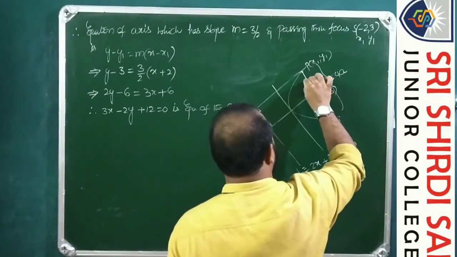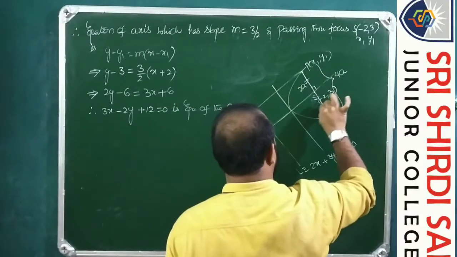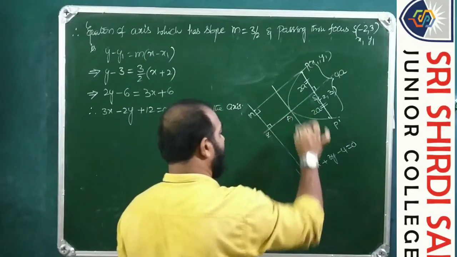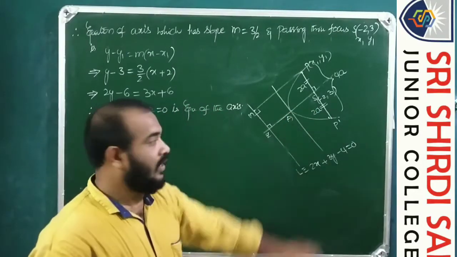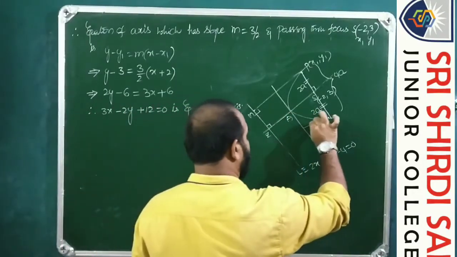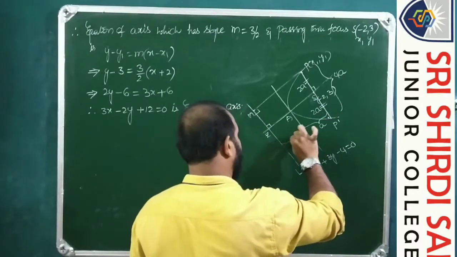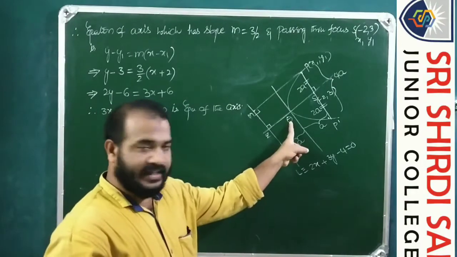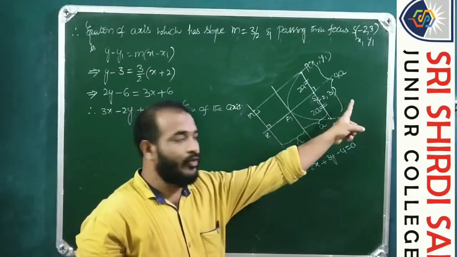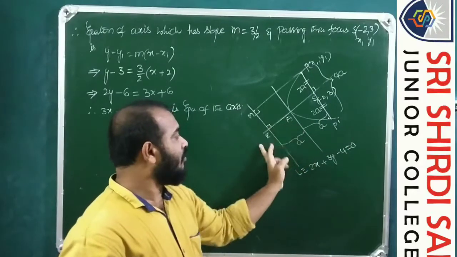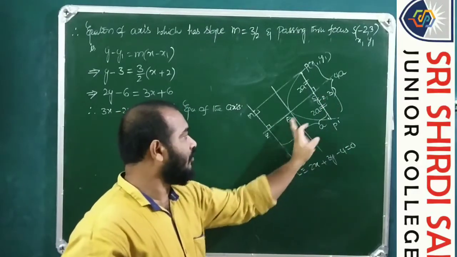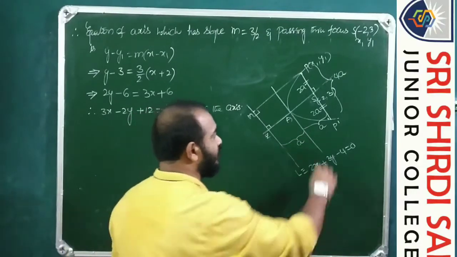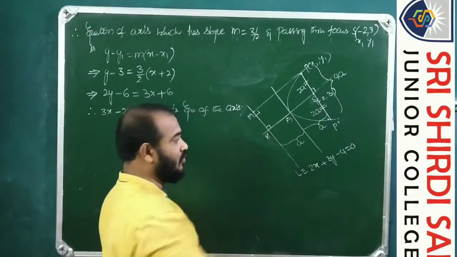That means this is 2a and this is 2a. And this is the vertex of the parabola. So this is also a and this is also a, because the foot of the directrix, vertex and focus are collinear points, and A is the midpoint of ZS. That is why if AS is small a, ZA is equal to small a. So this is a comma 0, this is minus a comma 0.